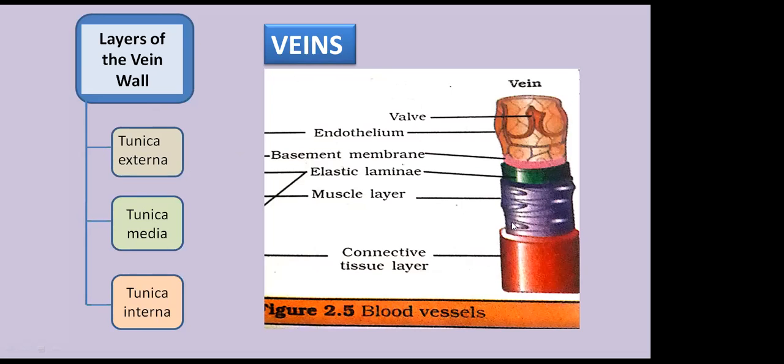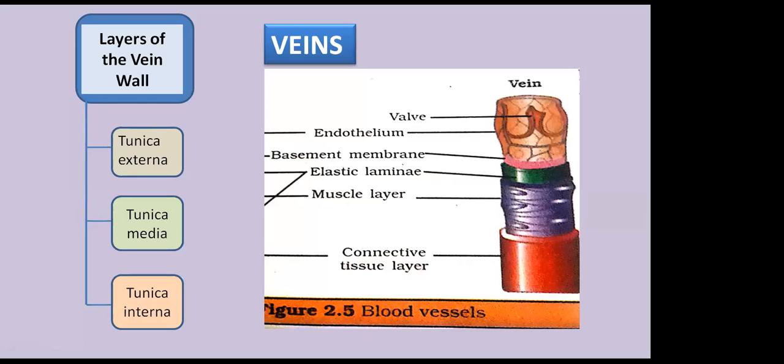Here you can observe there is only one elastic lamina. Where is it present? Between tunica media and tunica interna, only one elastic lamina is present. There is no external elastic lamina. That's why, due to the presence of a single elastic lamina, the veins are less elastic when compared to arteries.